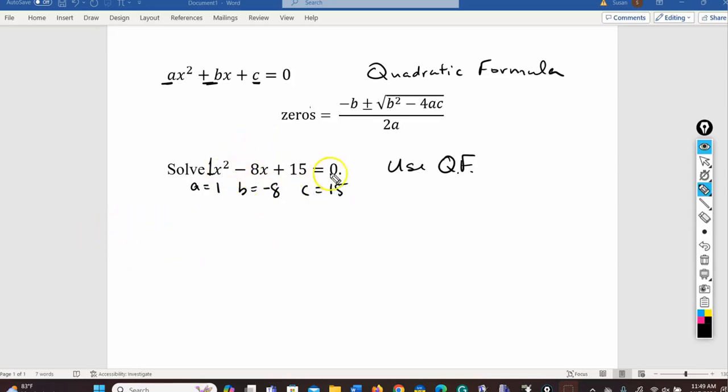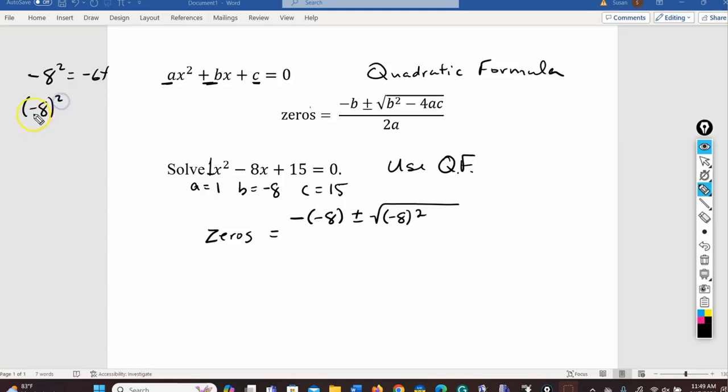So my solutions for x, my zeros of this equation, are going to be negative b. B itself is negative 8. Plus or minus the square root of b squared. Now make sure you put this in parentheses, because that is equal to negative 64, whereas that, where you're squaring everything, is equal to positive 64.